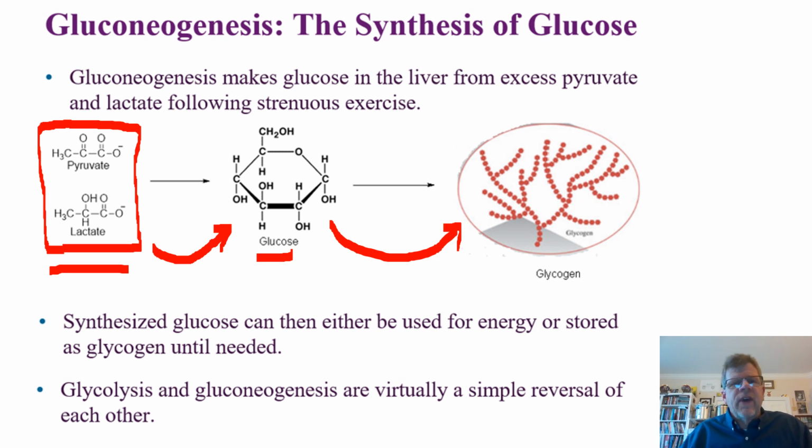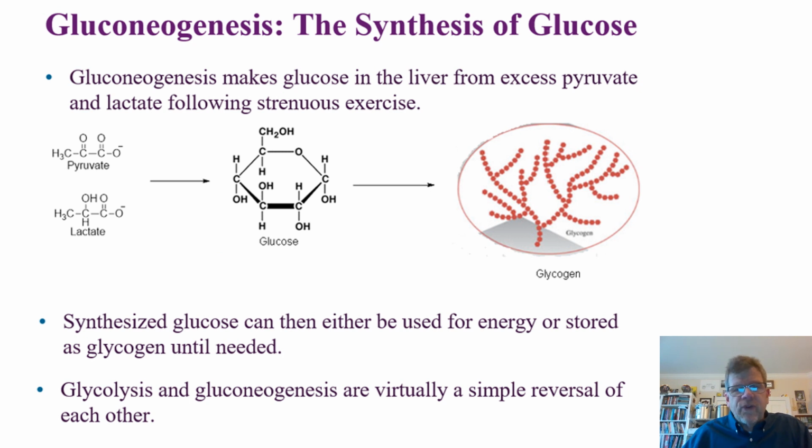If we look at this now, I'll try to clean this up a bit here. If we look at this process, just the first two here, what we see in gluconeogenesis is this direction of the arrow, but we could think of gluconeogenesis as essentially a simple reversal of glycolysis, which takes glucose to our 3-carbon metabolites.